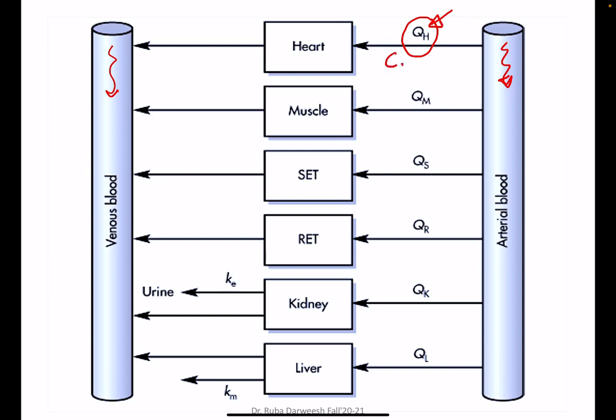We need to know what is in and what is out as concentration of the drug, and if the organ is a drug eliminating organ, we need to know what is eliminated from that organ. For the kidney, for example, we need to know the excretion from the kidney, and the metabolism from the liver. This was the definition of the physiological kinetic model, and we mentioned that in the introduction chapter.